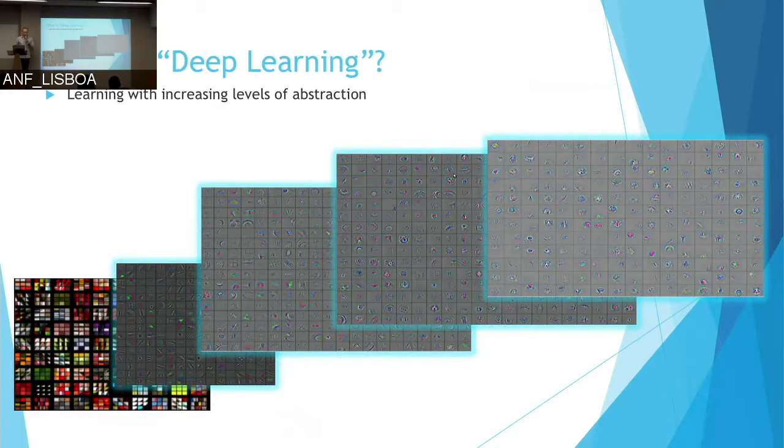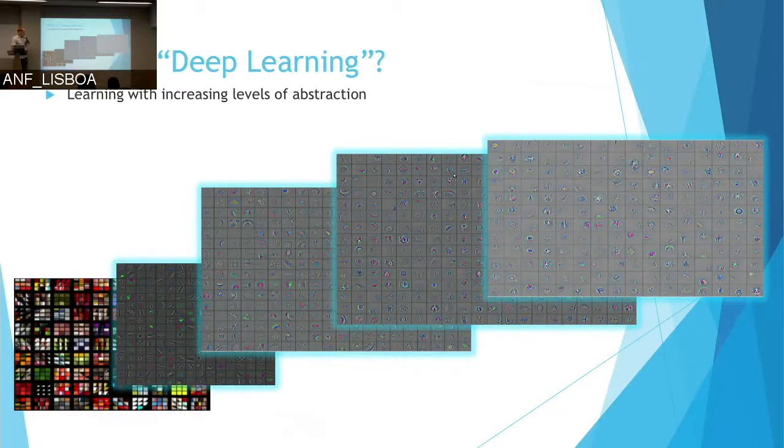But qualitatively, what's going on in deep learning? Well, there's a type of deep neural network called a convolutional neural network. That is an example of the kind of feature maps, or filters, that they generate. And the idea is that as you go deeper in the layers in the network, the network is learning features that are more and more abstract.